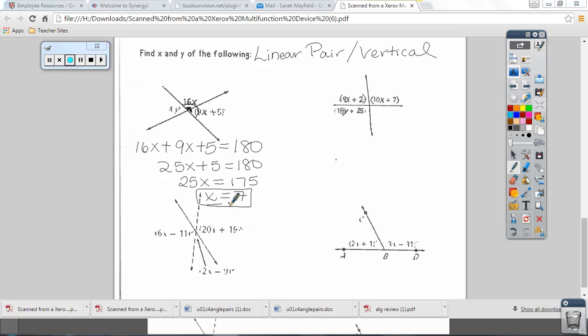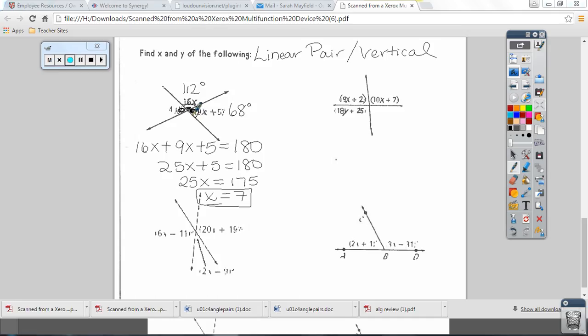All right, so now how am I going to find y? Because my directions say to find both. So let's plug it in. 16 times 7 is 112 degrees. 9 times 7 plus 5 is 68 degrees. Okay, so now with the information that I have, I need to determine how I am going to solve for y. So I know I'm using 4y, because that's the one that I need. So I know this angle here and this angle here are vertical angles.